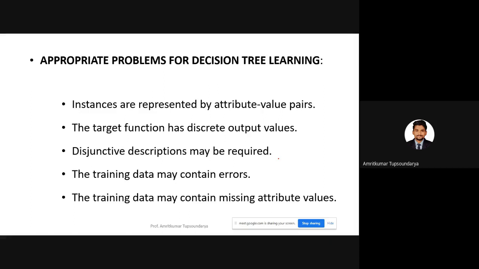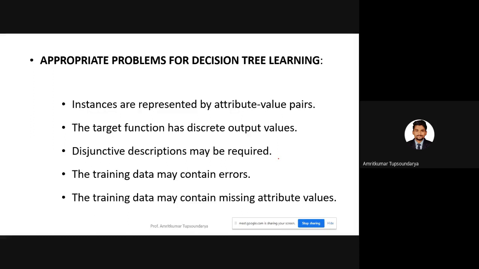Because not all problems, or real-time problems, can fit into this model of machine learning. Not every problem can be classified, automated, or learned by the system. So we need to classify which problems can be called machine learning problems.